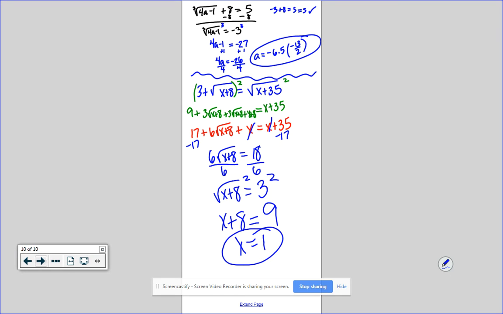So x equals 1. Plug it back in. 1 plus 8 is 9. Square root of 9 is 3. 3 plus 3 is 6. 1 plus 35 is 36. Square root of 36 is 6. Both sides work. So 1 is a correct solution.